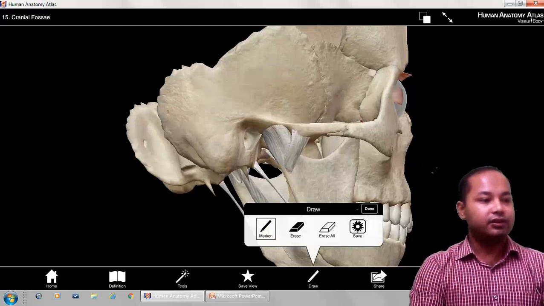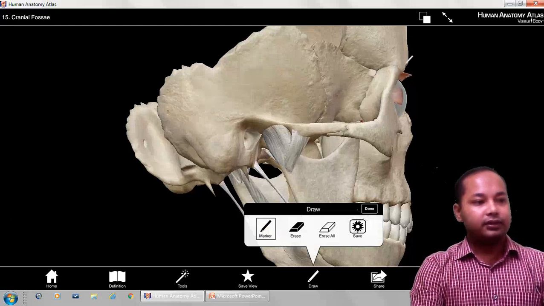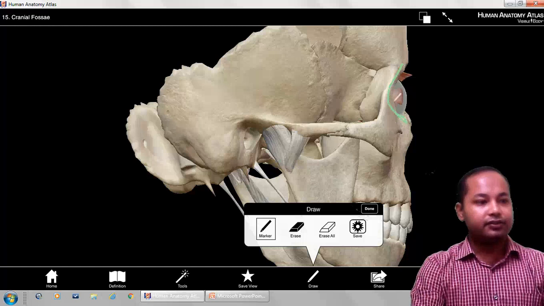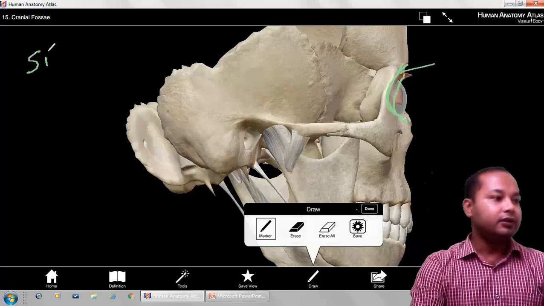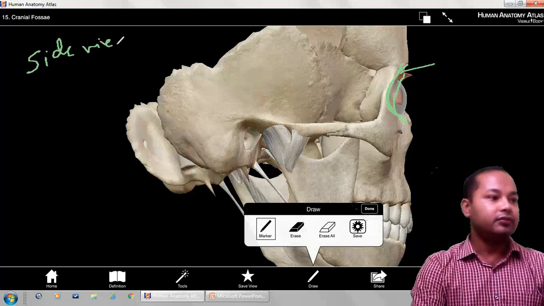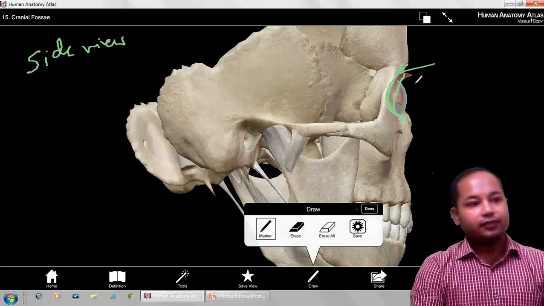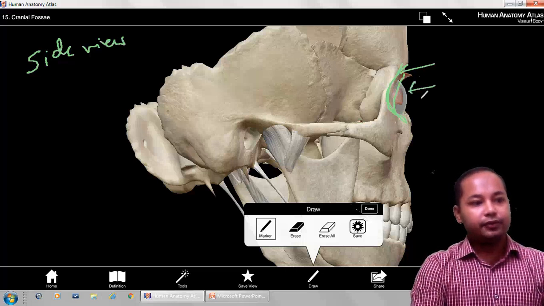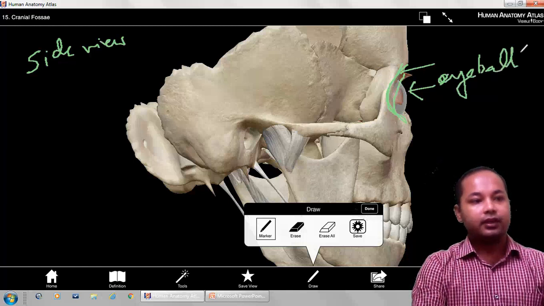Just look at the diagram, this is the side view. From the sides you can realize that the orbit, the eyeball, is protruding out.